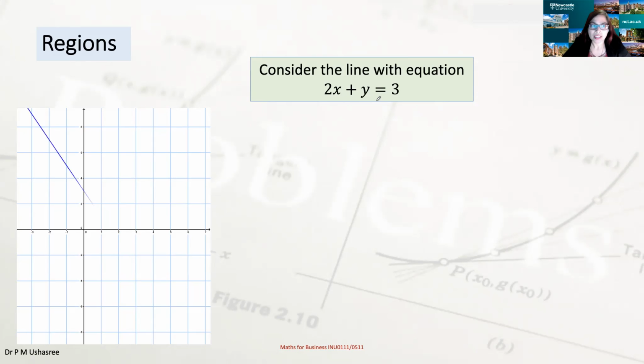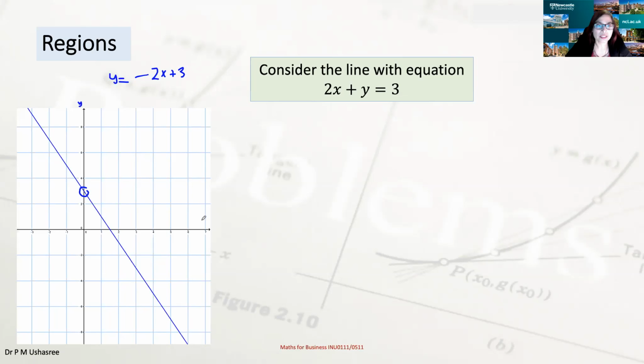Here c is 3, so y is equal to minus 2x plus 3.